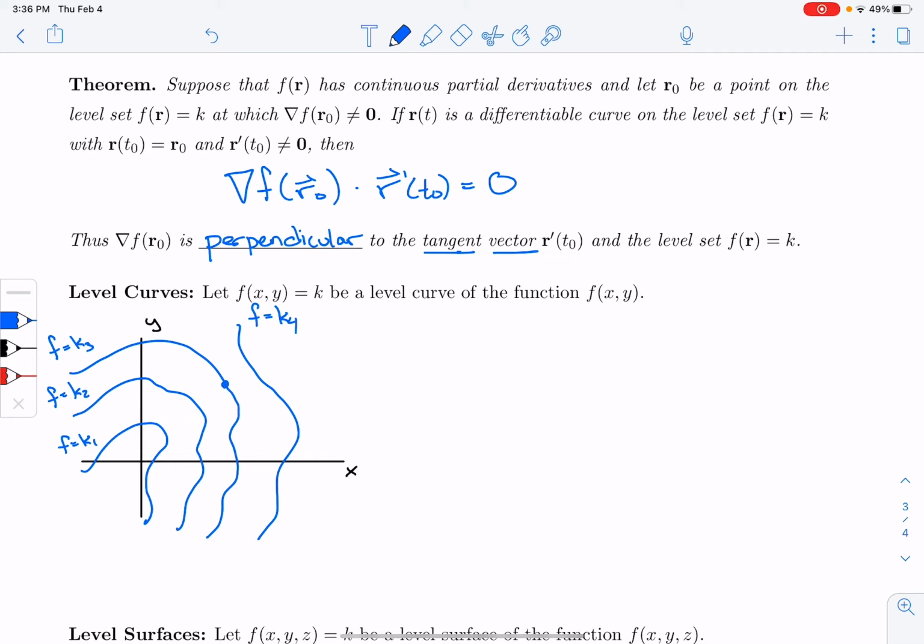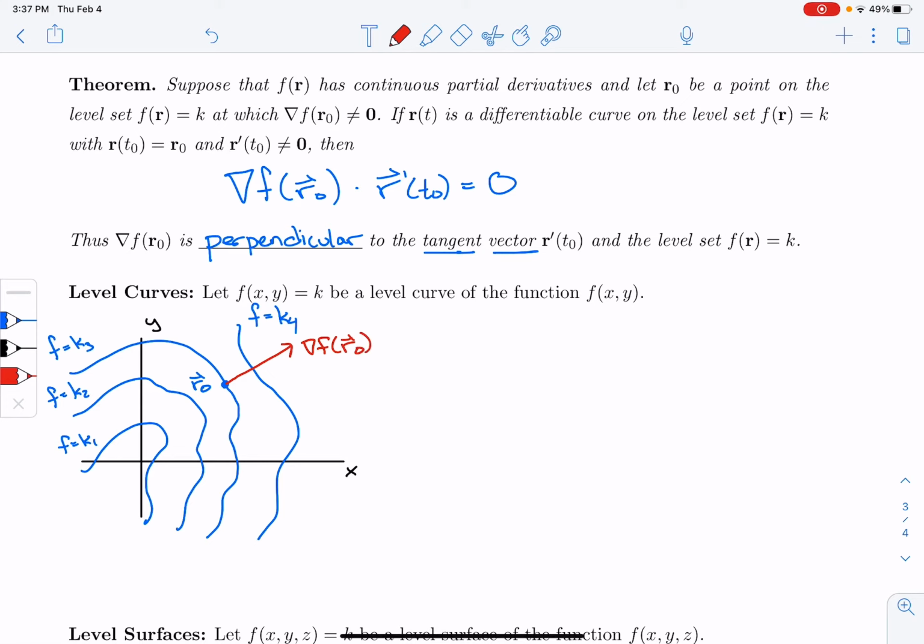And now what I'm saying is that if I pick a point, that point is going to be R0 or R of t0. So if I pick that point R0, then the gradient is going to be perpendicular to the level curve. So the gradient of f at R0 is going to be perpendicular to R0.